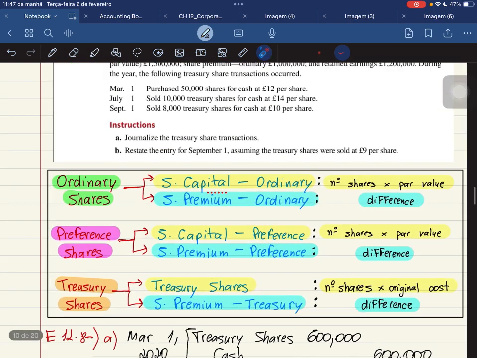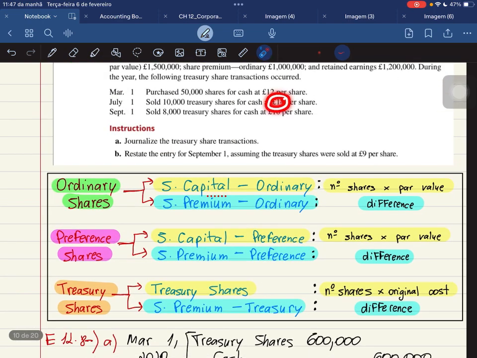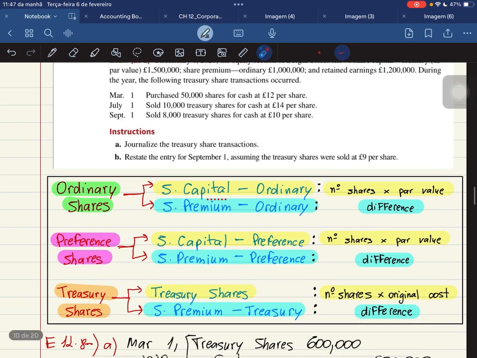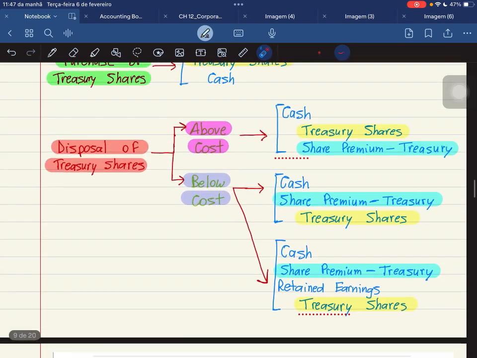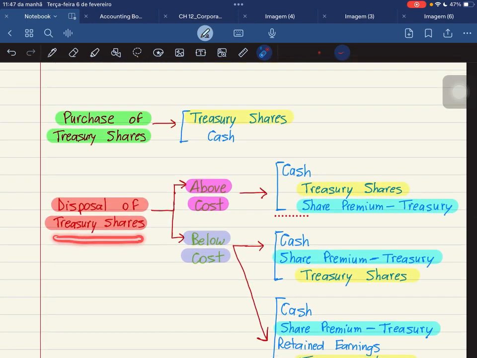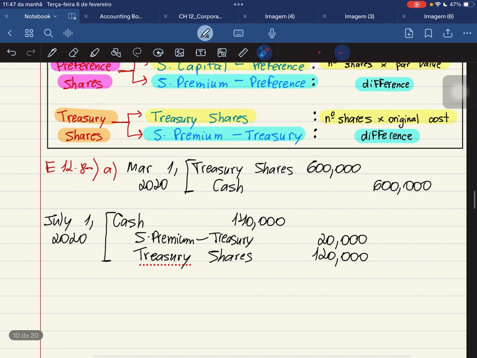This 14 is bigger than the cost, so we're looking for entries where we sell the shares above cost. If you take a look, disposal of treasury shares above cost has cash, treasury shares, and share premium treasury, which is exactly what we have over here.